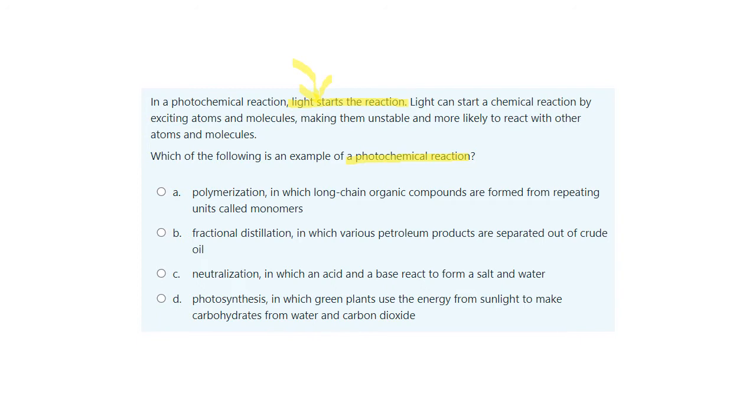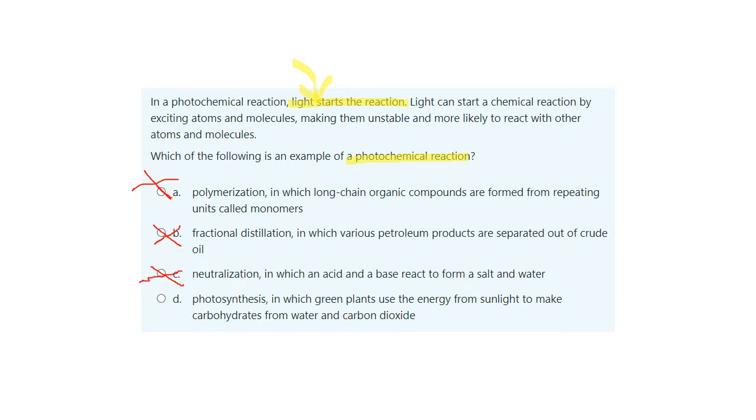So A, polymerization, in which long-chain organic compounds are formed from repeating units called monomers. There is nothing about light. Fractional distillation, in which various petroleum products are separated out of crude oil. There is nothing about light. Neutralization, in which an acid and a base react to form a salt and a water.